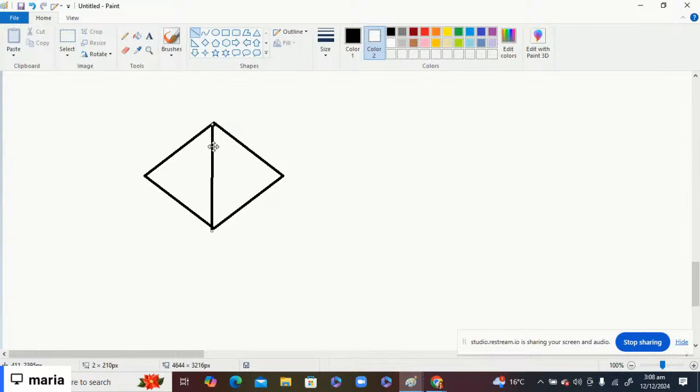So the shape, this one is given. And only one part is blue.